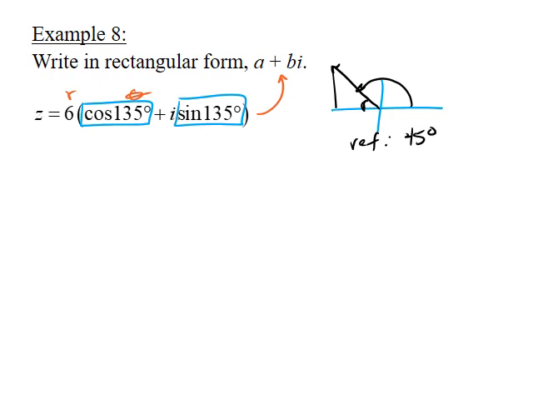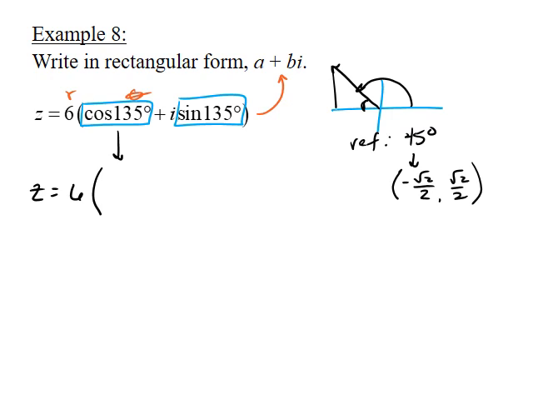So here we have z equals 6 times, in quadrant 2, the associated ordered pair with 45 degrees is negative root 2 over 2 and positive root 2 over 2.